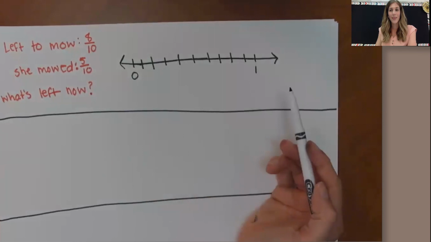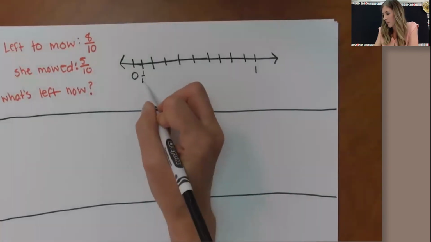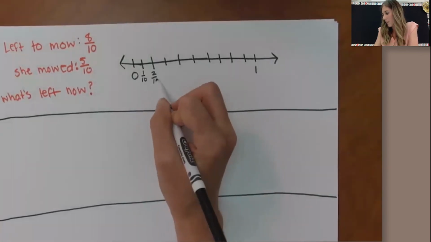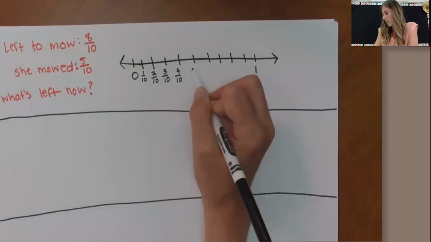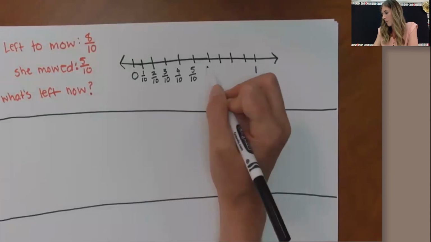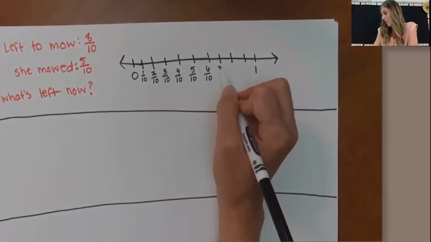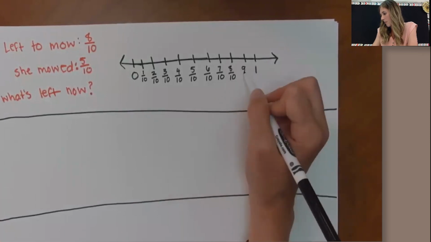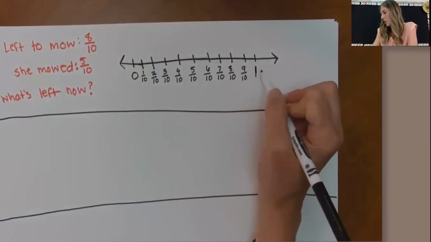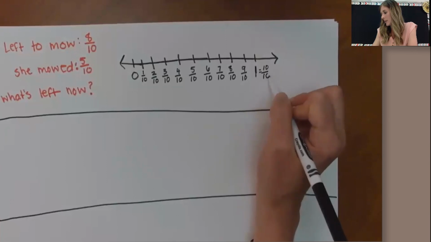So I can go through and label my tick marks. One whole yard or 10 tenths.